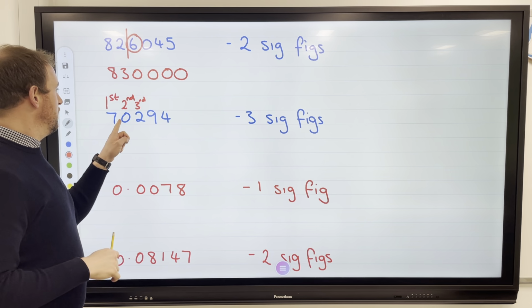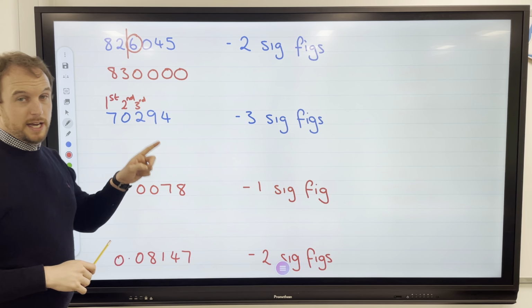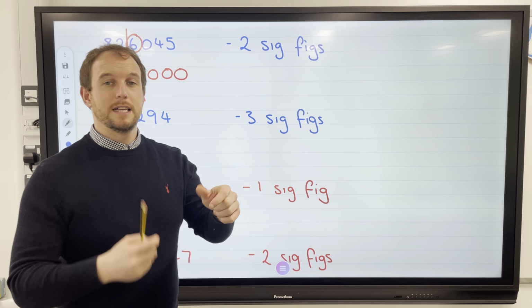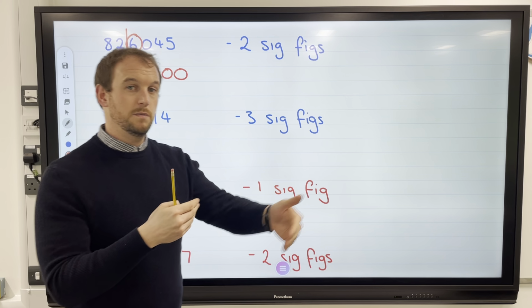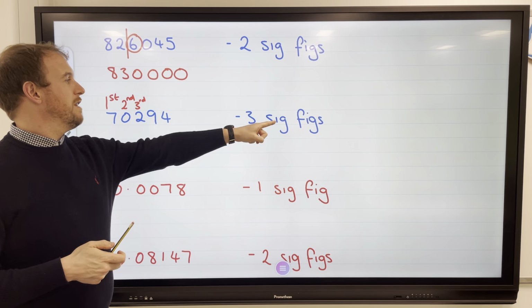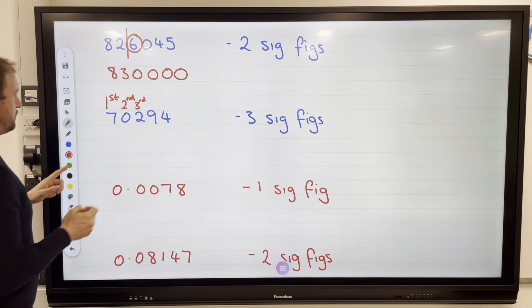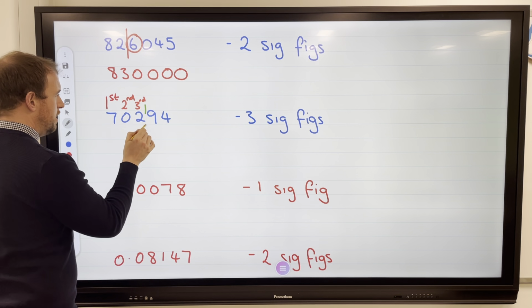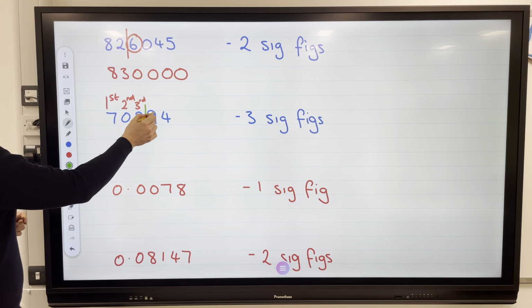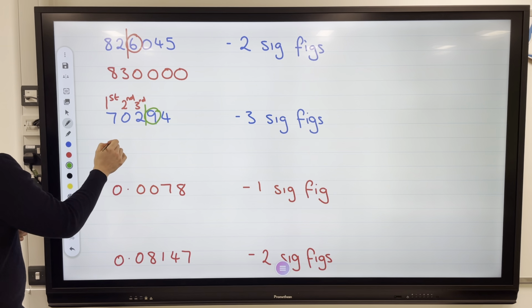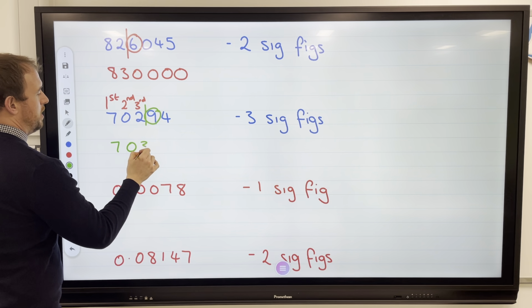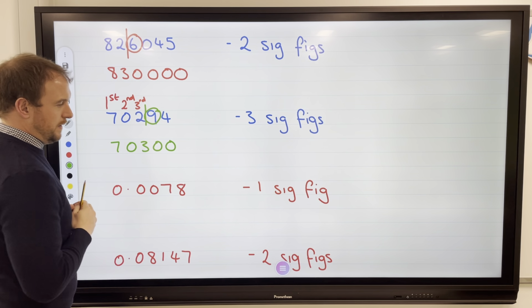Even though there is a 0 there, it is a significant figure because it hasn't started there. It started with the 7. So if we round these to 3 significant figures, 1, 2, 3, draw a line, 9 makes the 2 go up to a 3, so we have 703, then my place value holders.